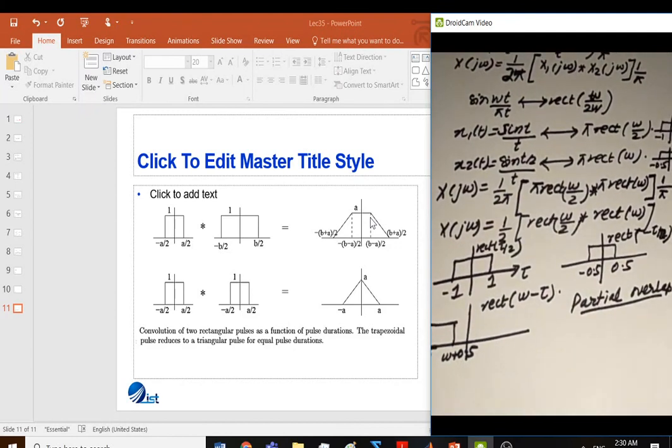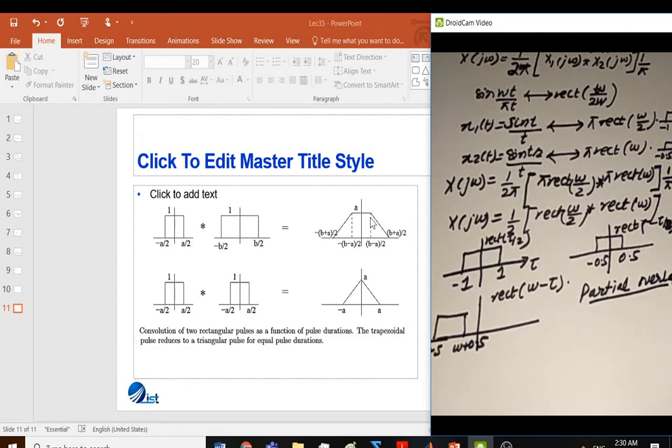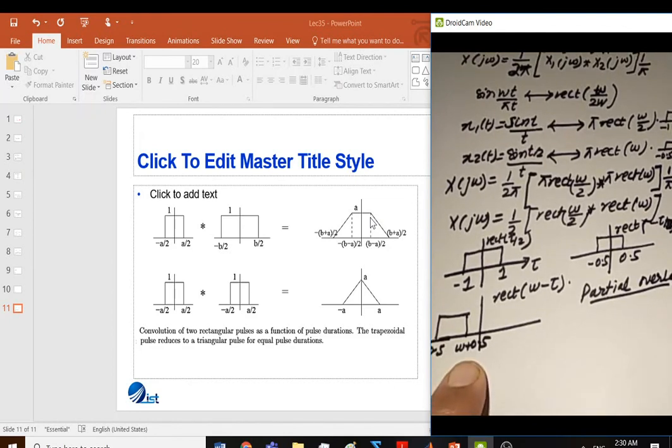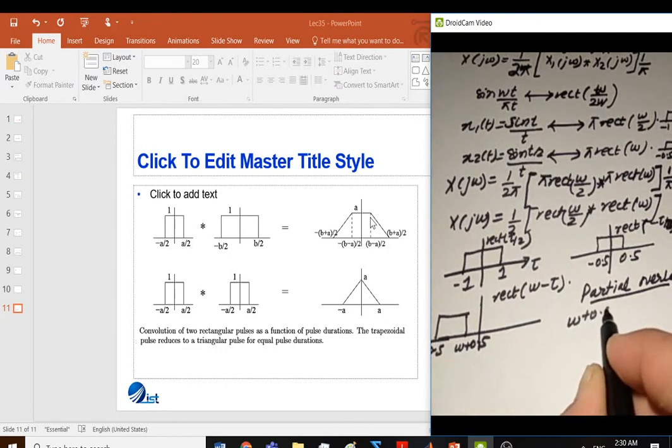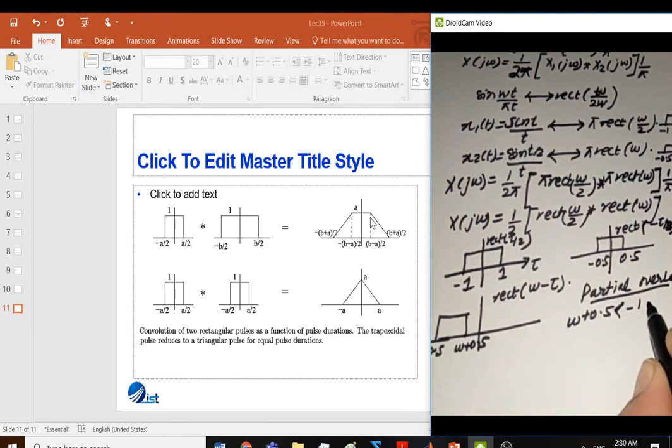The partial overlap starts when omega plus 0.5 is less than minus 1, or omega is less than minus 1.5. After this point, our partial overlap will start.